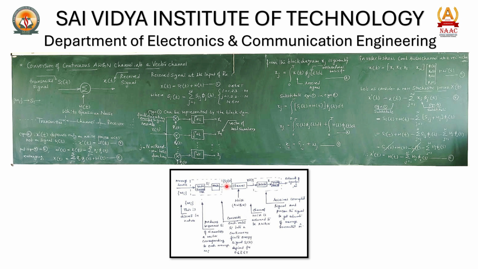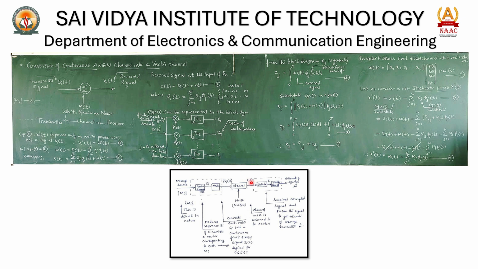This signal will be put on the channel so that it is available at the receiver. By virtue of the channel property, additive white Gaussian noise will be added to the transmitted signal. Therefore, the received signal is not the same as the transmitted signal. It is now called the corrupted signal.